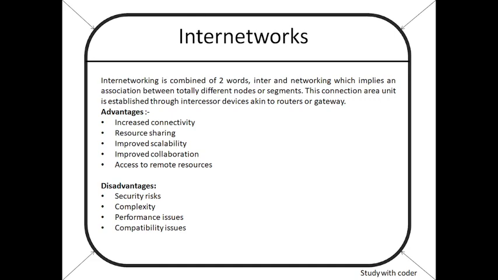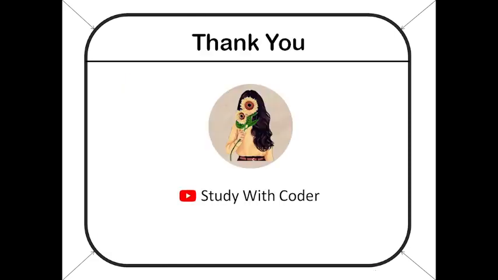This connection is established through intersecting devices such as routers and gateways. Advantages of Internetwork: increased connectivity, resource sharing, improved scalability, improved collaboration, access to remote resources. Disadvantages of Internetwork: security risk, complexity, performance issues, compatibility.